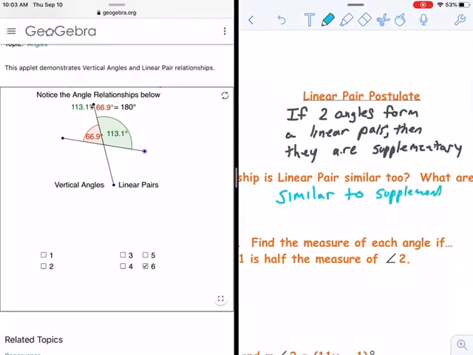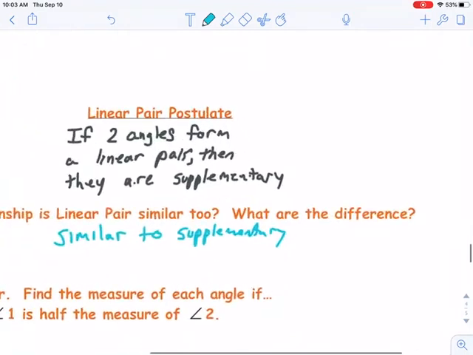In fact, linear pairs are supplementary. They add up to 180 degrees. They're different. I'm going to write diff. That means different.